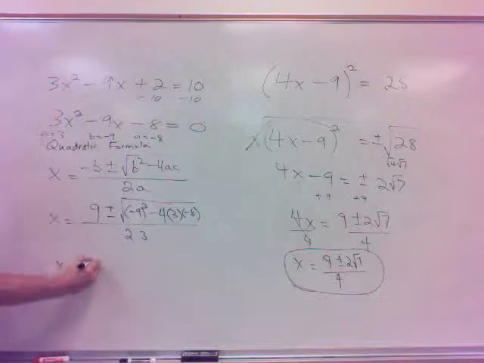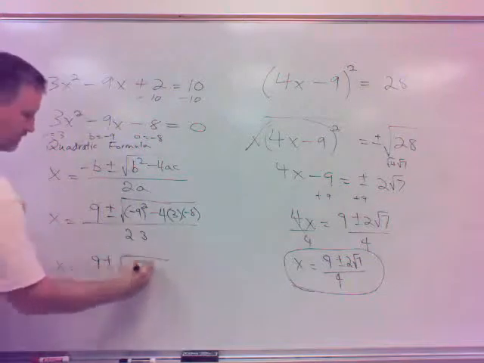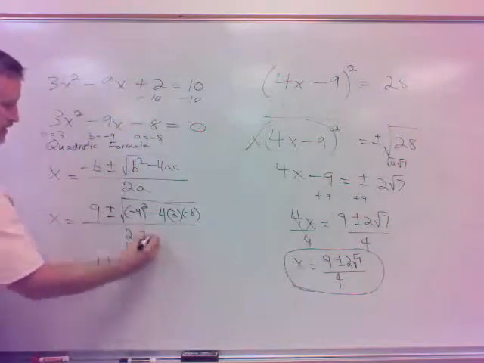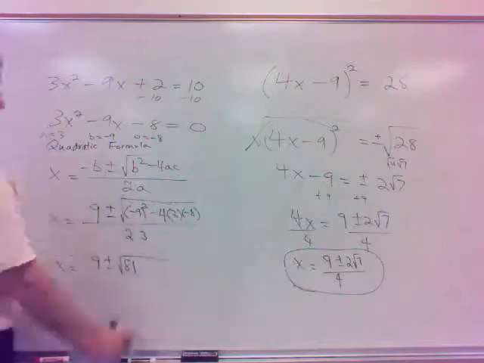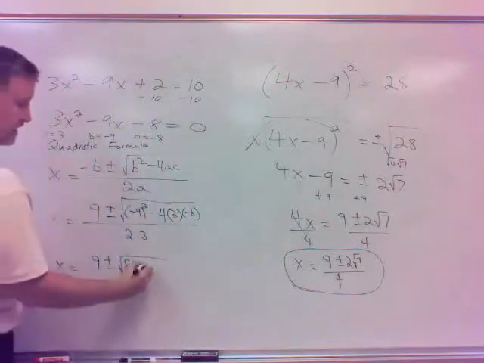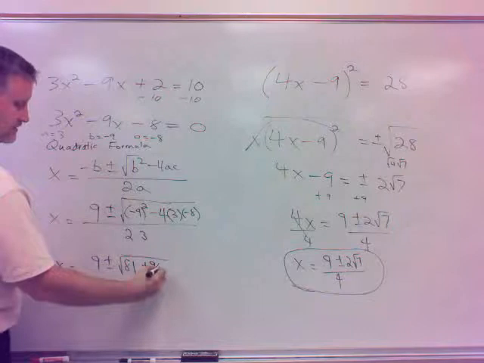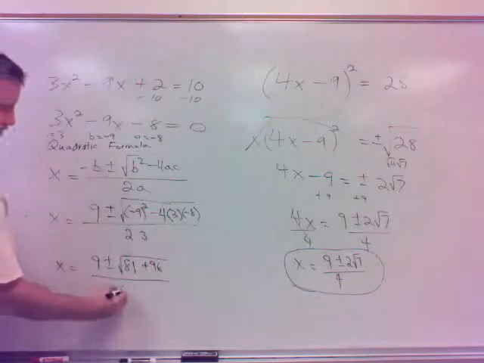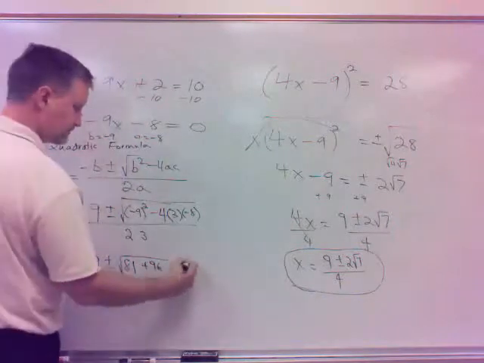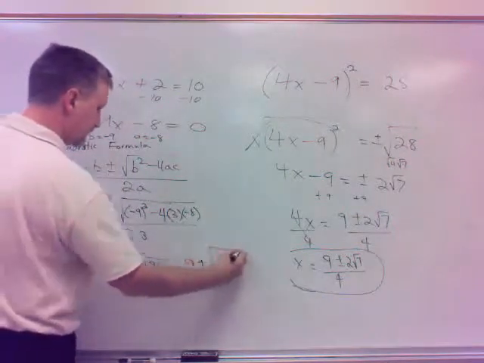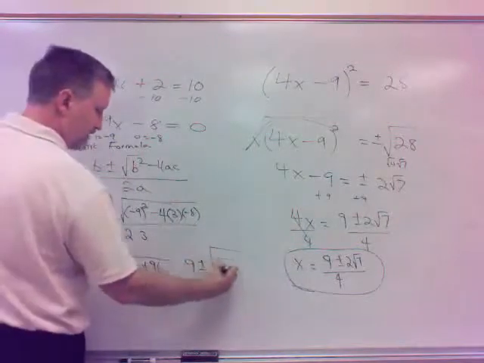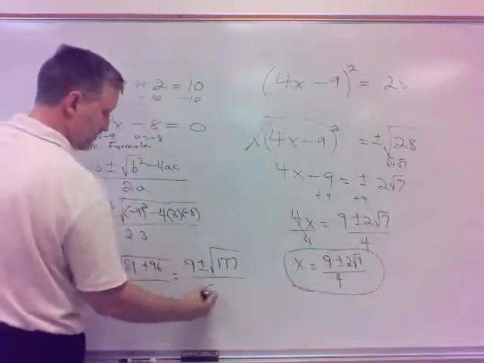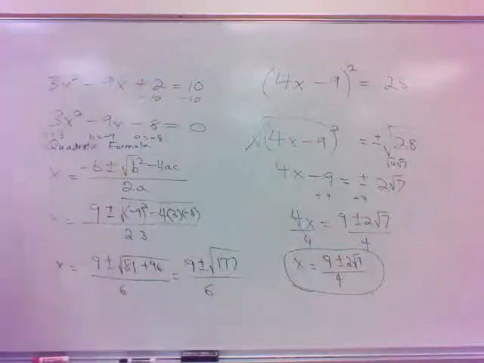What does that get me? 9 plus or minus the square root of 81 minus 4 times 3 times negative 8, then minus those all out, that would be positive 96. Over 6. So we've got the square root of 177 here, don't we? Over 6.